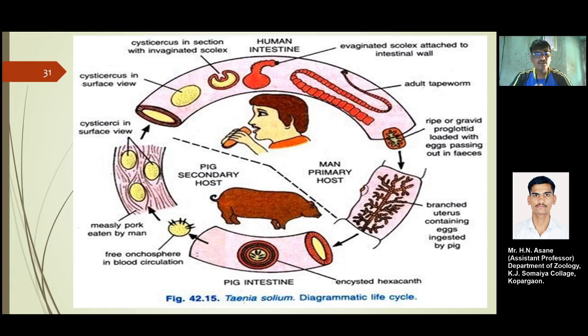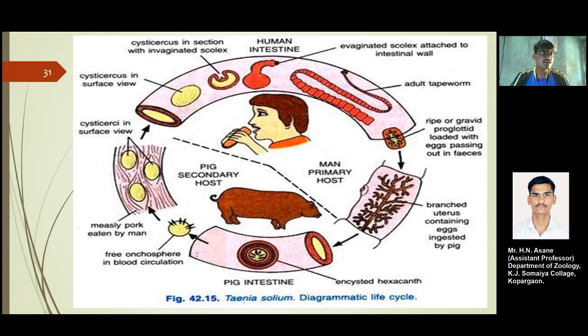After those migrations, the measly pork, situated in the shoulders, neck, or muscles of this pig, is eaten by man. That measly pork, the uncooked or undercooked pork, is eaten by man.